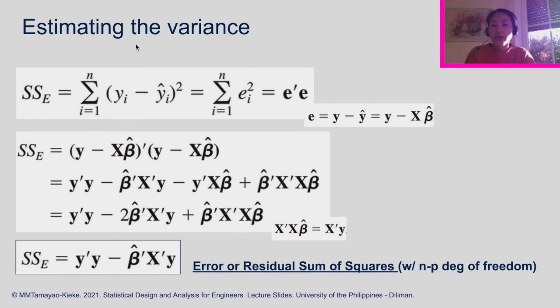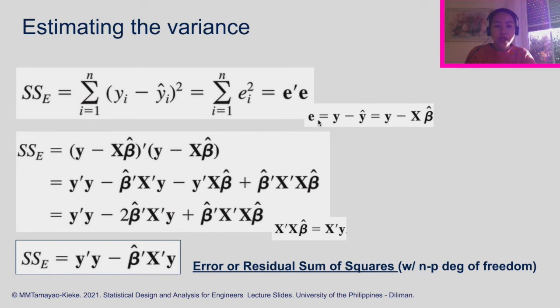Now we also have to estimate the variance sometimes. The sum of squares of error is just equal to this familiar equation here, the summation of the quantity y sub i minus y i hat squared, and this is equal to the summation of e i squared. In vector form, this would be e'e.